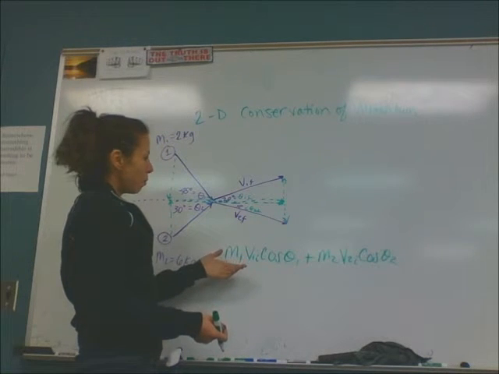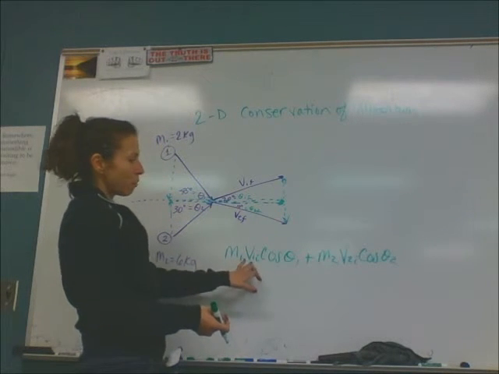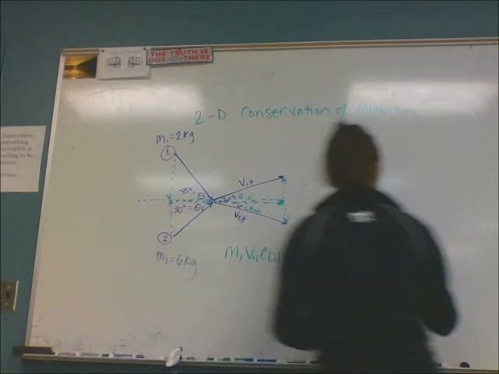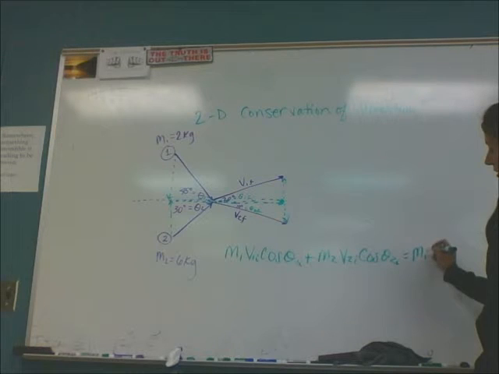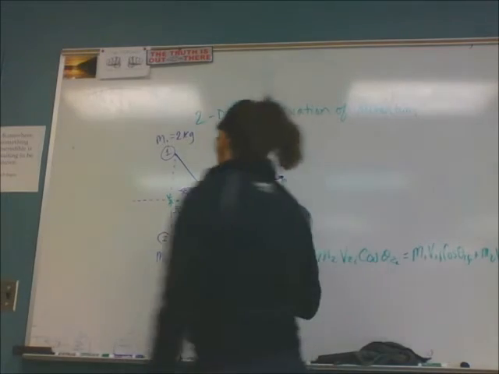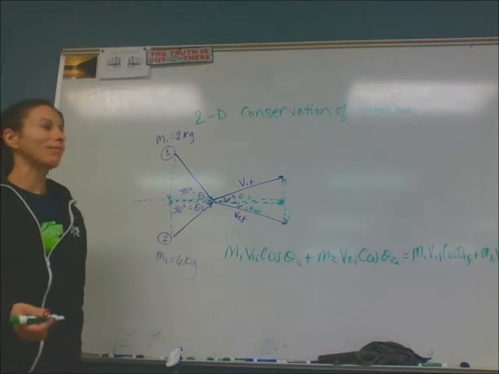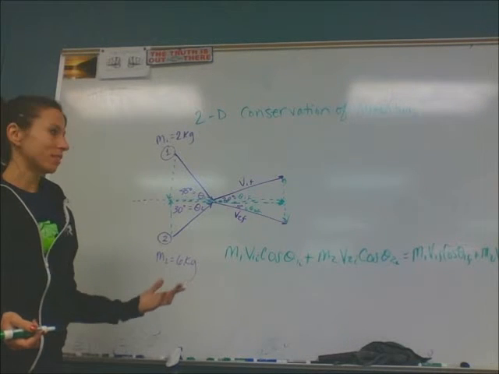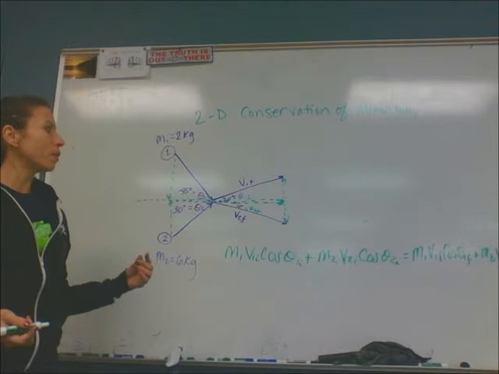So now it's M1 V1 final cosine theta 1 final plus M2 V2 final cosine theta 2 final. And yeah, it looks terrible, but there are numbers, right? We can plug in lots of numbers. But you will notice that you cannot solve this directly. There are two unknowns, V1 final and V2 final, and only one equation right now. So what we need is to now solve the y equation as well.